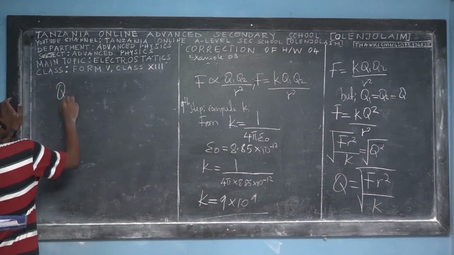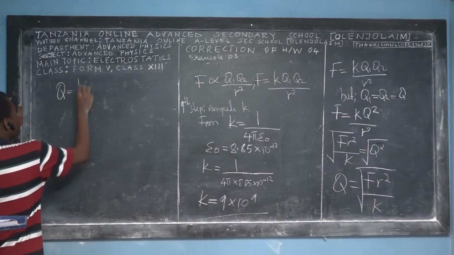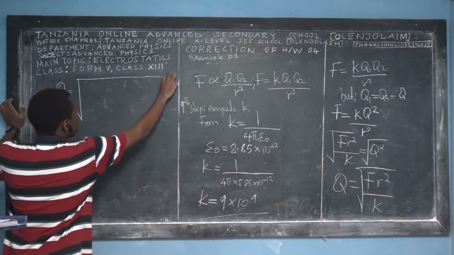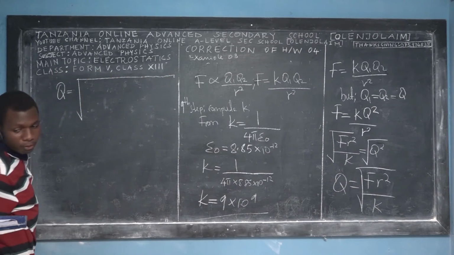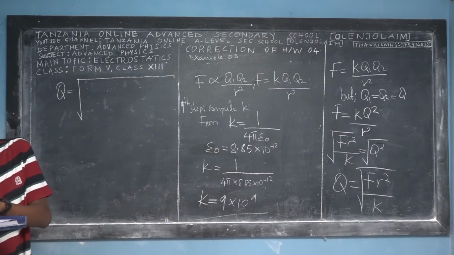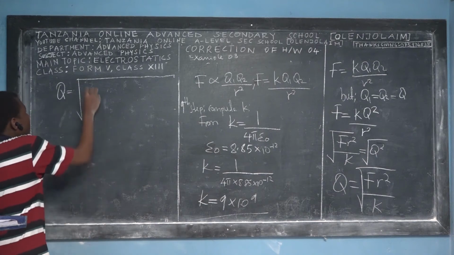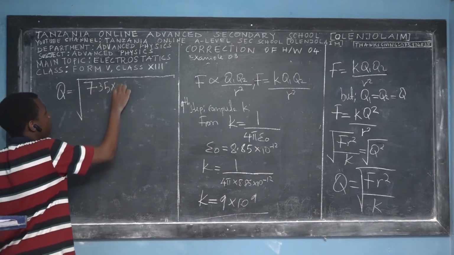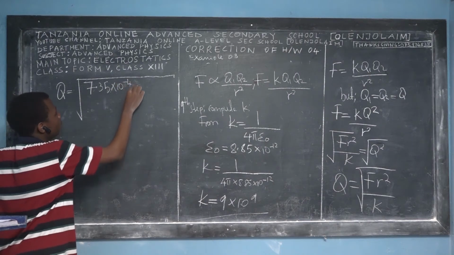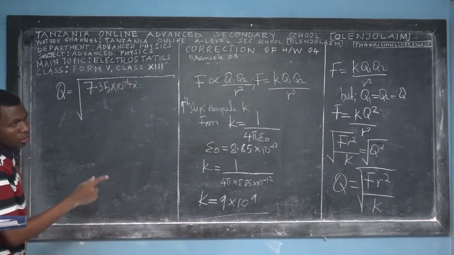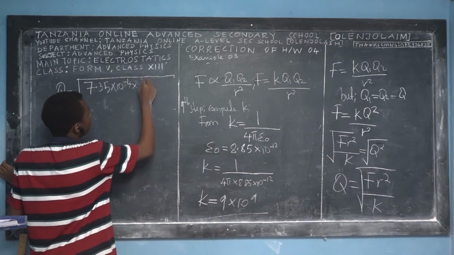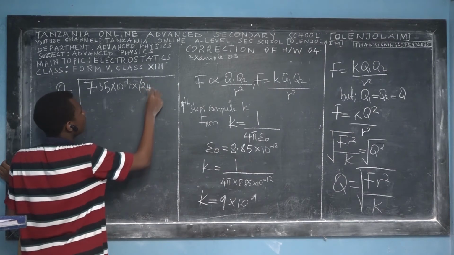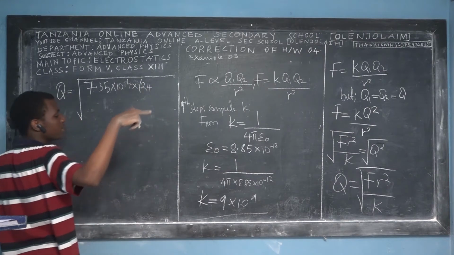Then q is equal to the square root of the value of force of electrostatic, which is 7.35 exponent negative 4, times square of the radius. It is 24. We were given 24 centimeter.